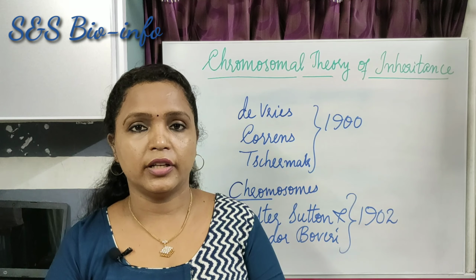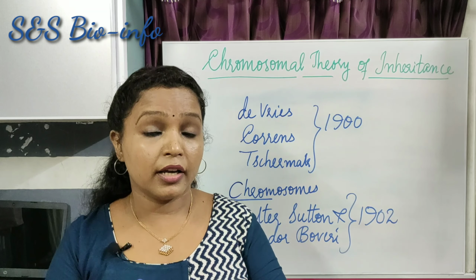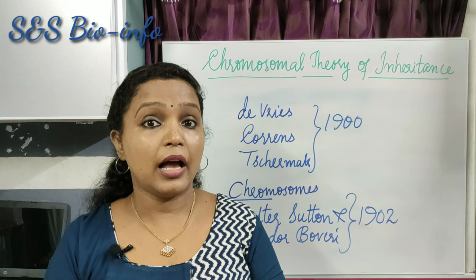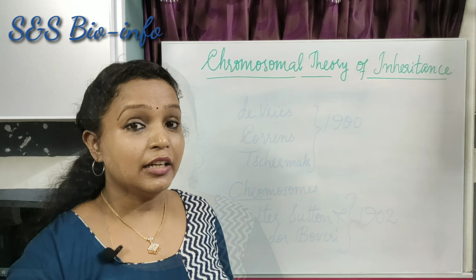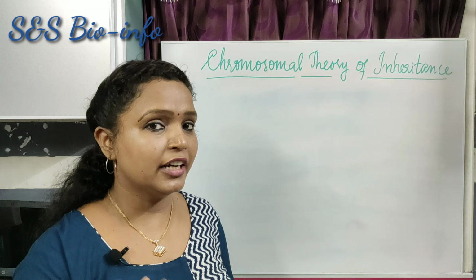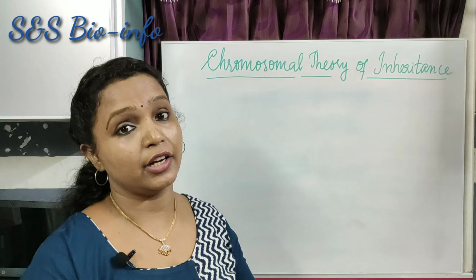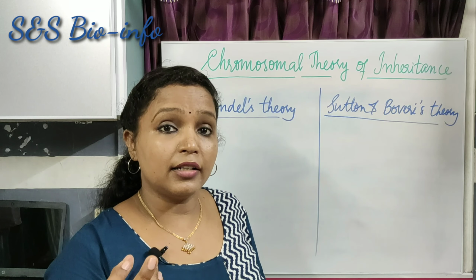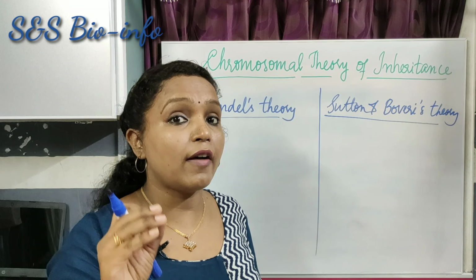According to this theory, the Mendelian factors or genes are located on the chromosomes, which show segregation and independent assortment during cell division. Now let's recall the theory of Gregor Mendel to correlate the same with the chromosomal theory of inheritance of Sutton and Boveri. The law of dominance states that characters are controlled by a pair of discrete units called factors.